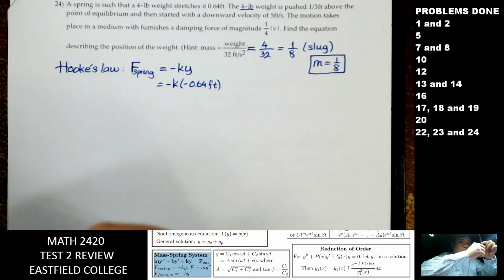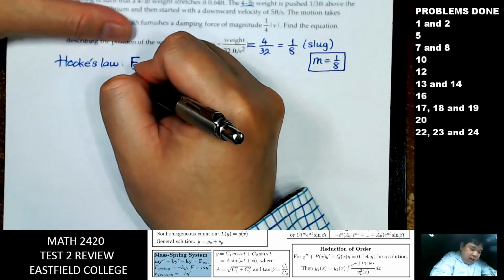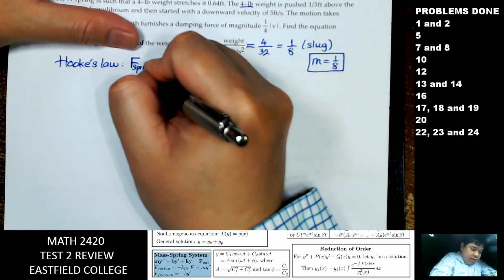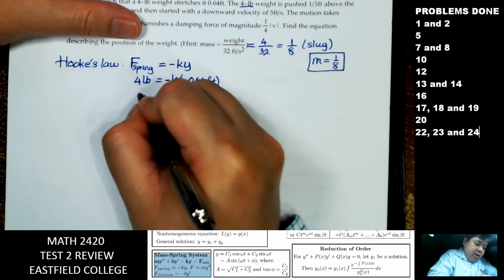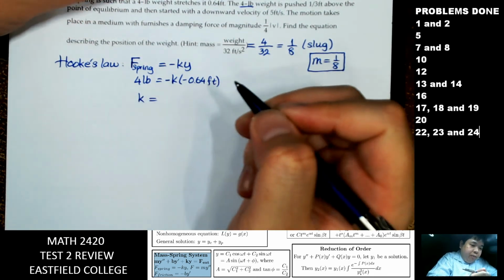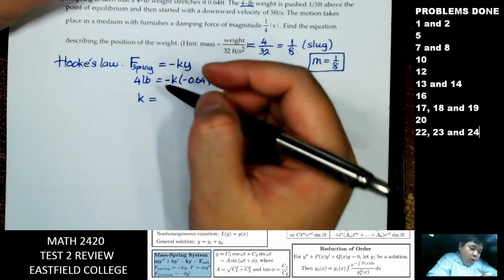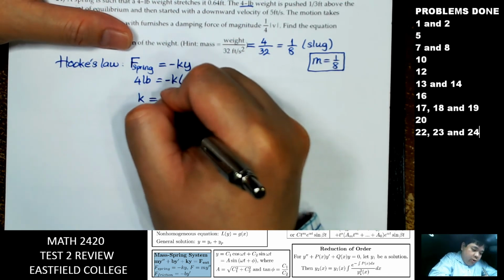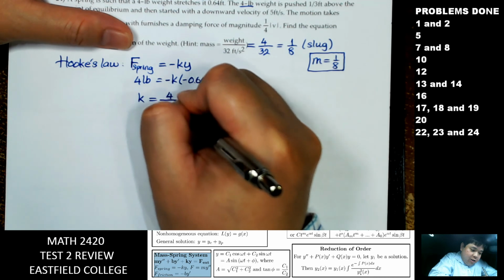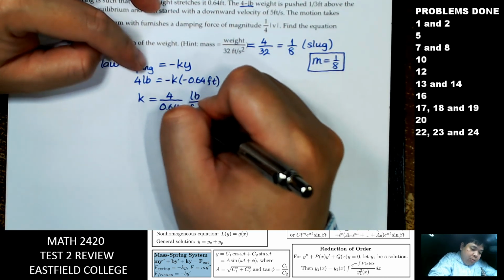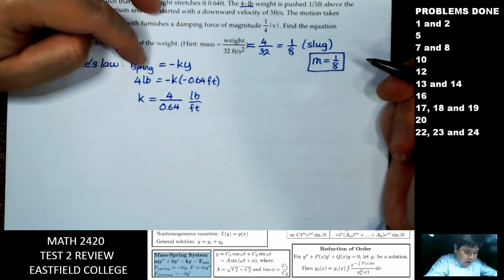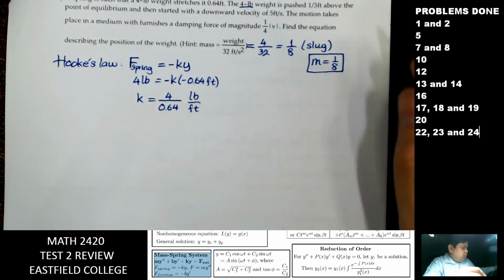So the spring pulls it up, and it will be 4 pounds. And so we have k equal to 4 over 0.64 pounds per foot. That would be 4 over 64.